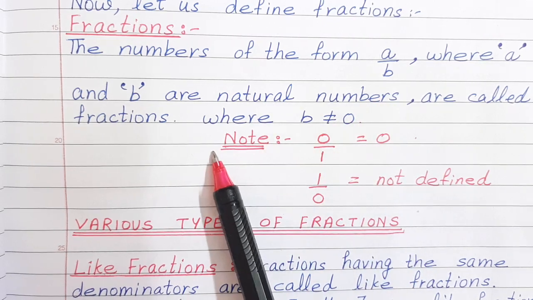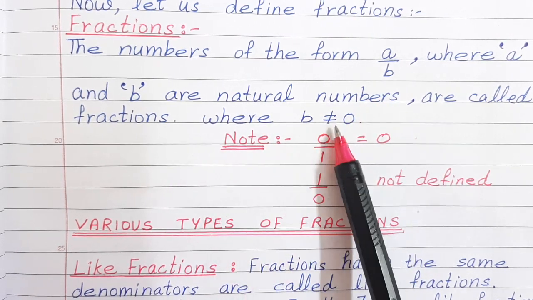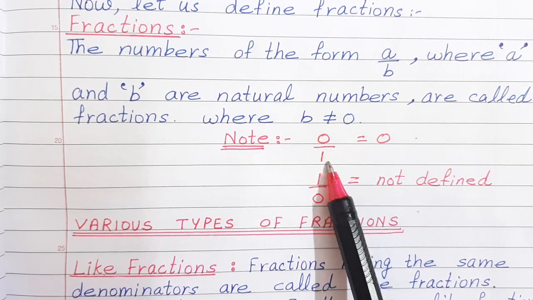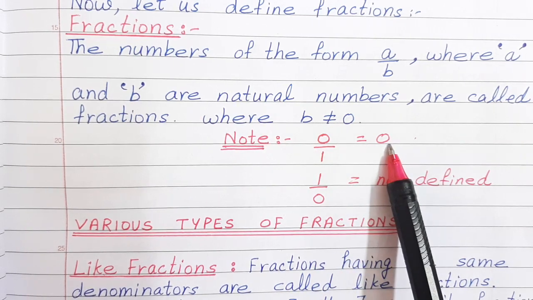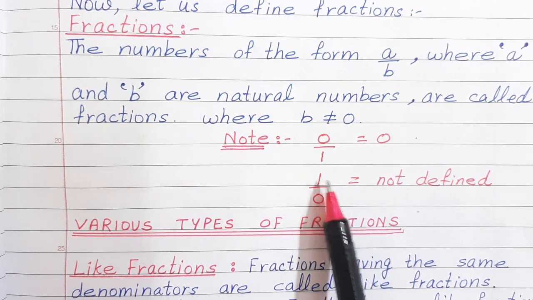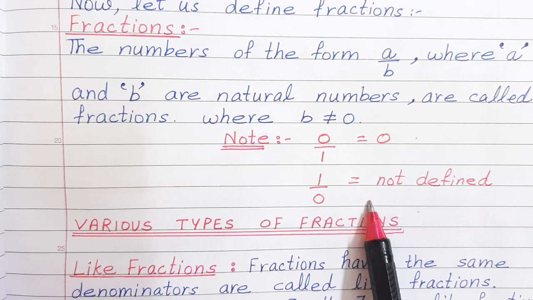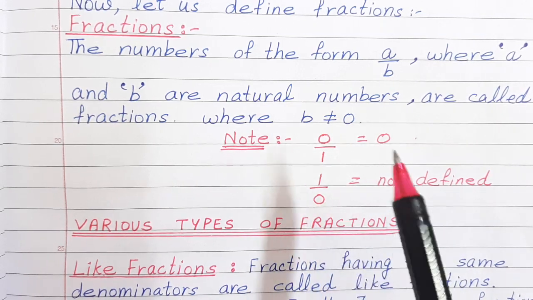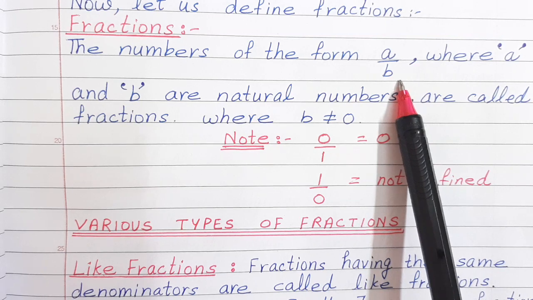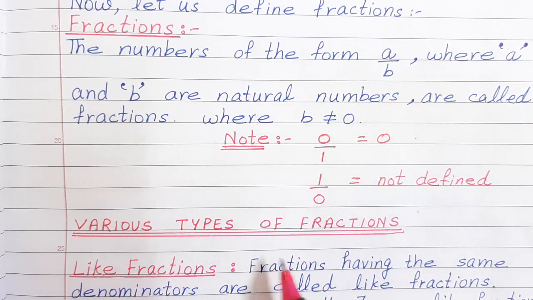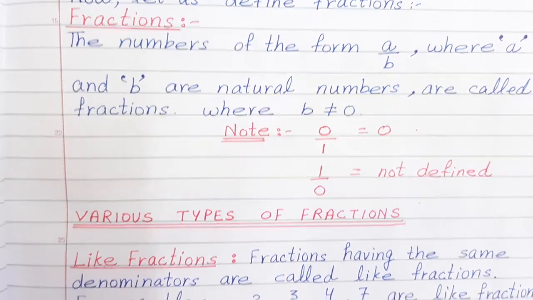And note down one very important point here. 0 upon 1 or 0 upon any natural number is always 0. But any natural number upon 0 is not defined. That's why 0 cannot be in the denominator. Clear? Now let us discuss various types of fractions.